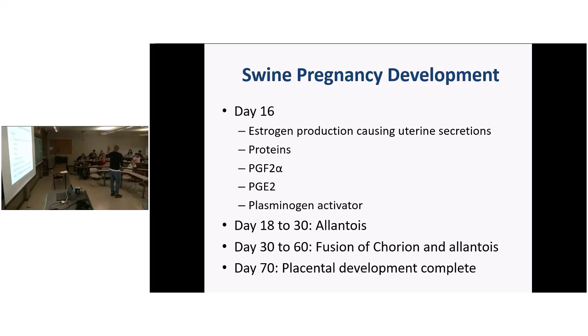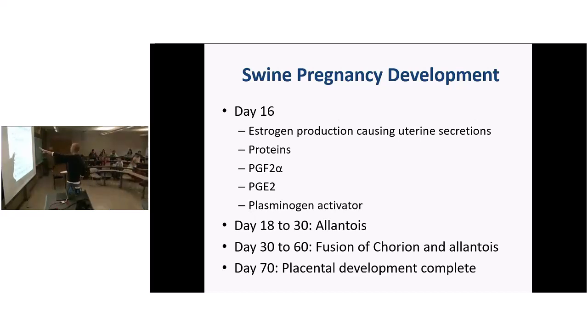Do you remember what is the hormone that causes luteolysis? Prostaglandin. Okay? So prostaglandin is really the molecule that probably causes luteolysis in most species. But the way by which every species blocks the production of prostaglandin that will then cause luteolysis is very different among species.